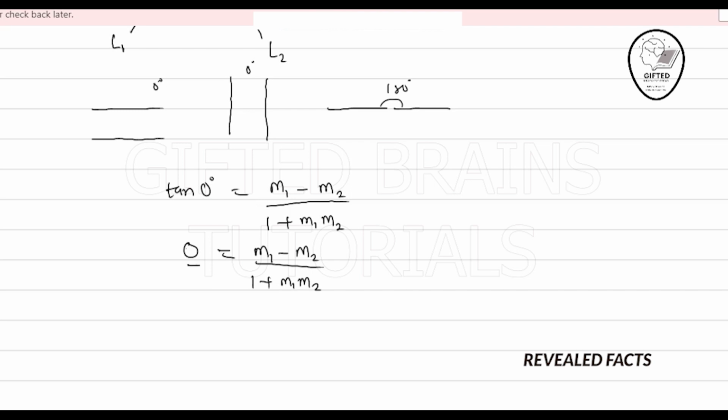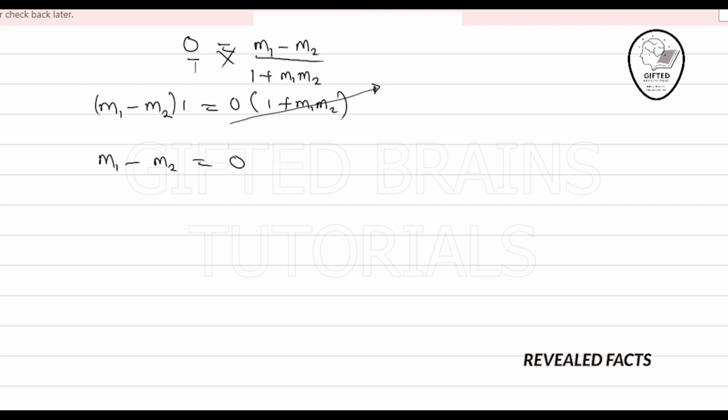If I cross multiply, I will have m1 minus m2 multiplied by 1 is equal to 0 multiplied by 1 plus m1 m2. Obviously, everything here will give me 0. So I will have that m1 minus m2 is equal to 0. At the end of the day, I can say that m1 is equal to m2.